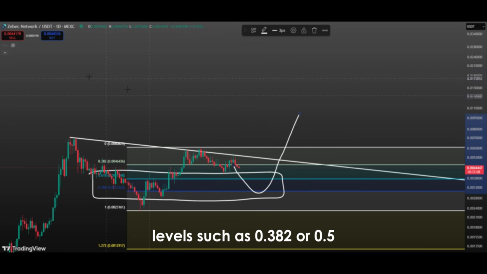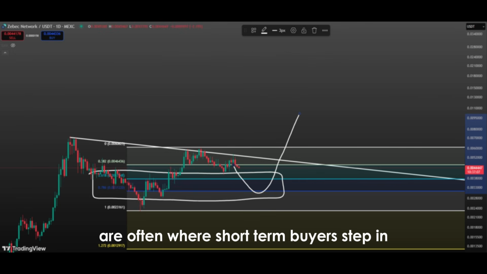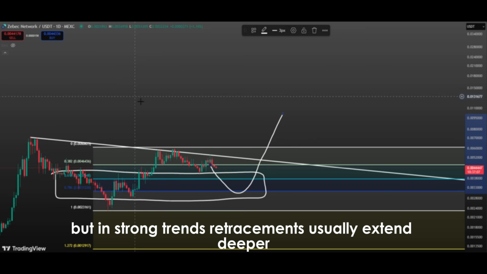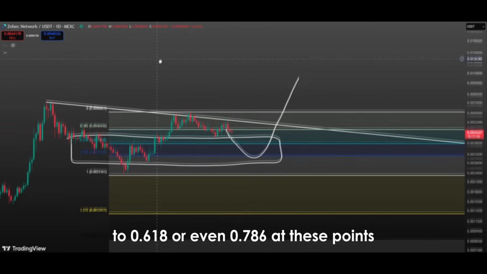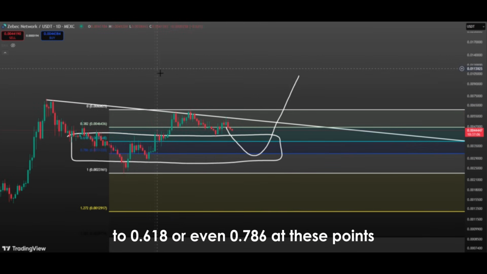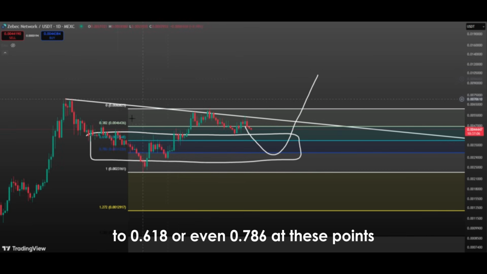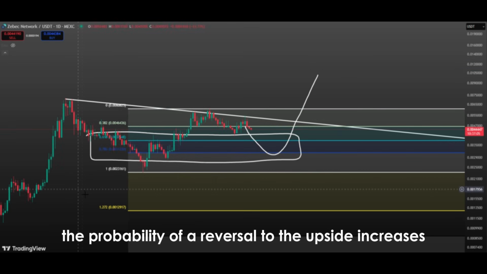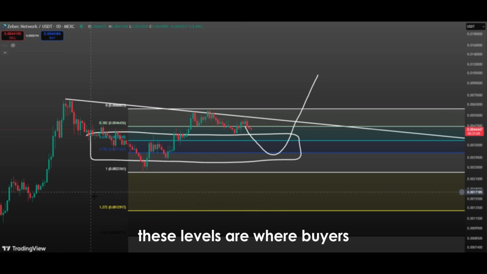Levels such as 0.382 or 0.5 are often where short-term buyers step in, but in strong trends, retracements usually extend deeper to 0.618 or even 0.786. At these points, the probability of a reversal to the upside increases. These levels are where buyers tend to open positions more aggressively, while sellers begin to lose strength.